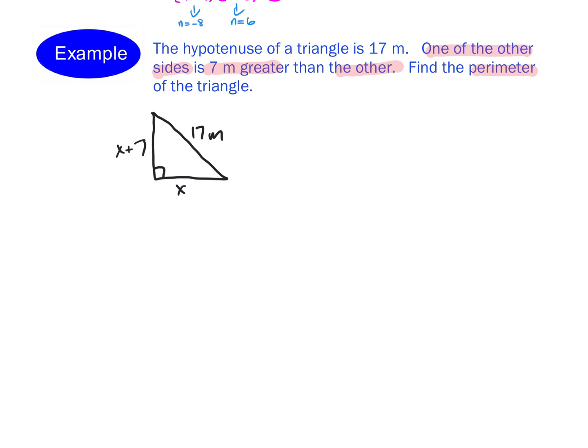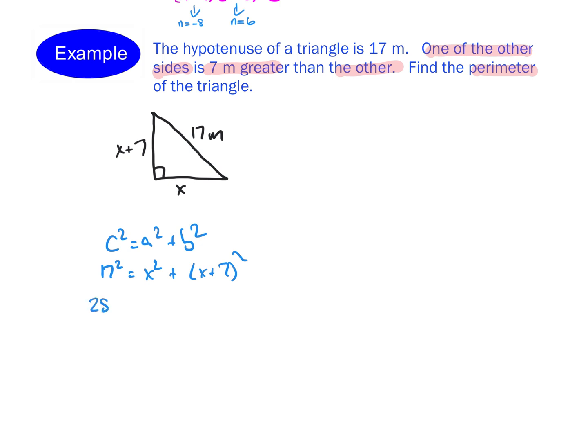Well, we can use the Pythagorean theorem. So it's going to be c squared equals a squared plus b squared. So our c is 17 squared. Our a, it doesn't matter which one's which, and we're going to say it's x squared plus x plus 7 squared.